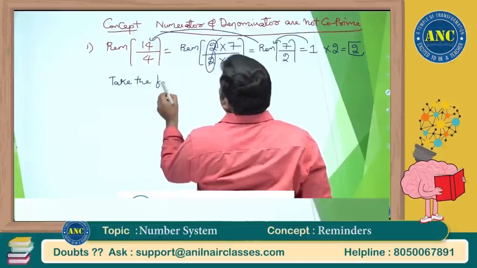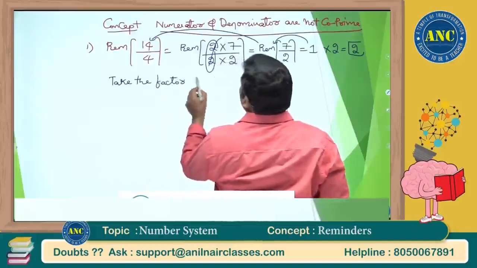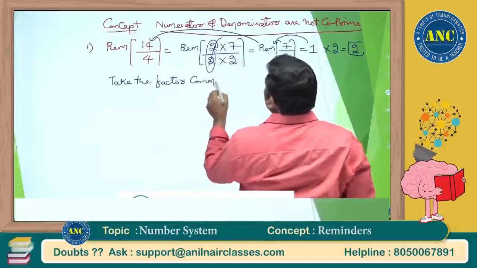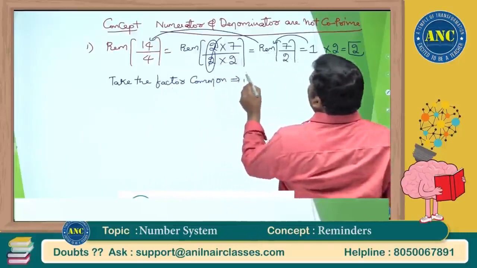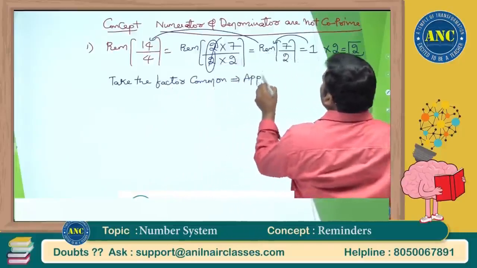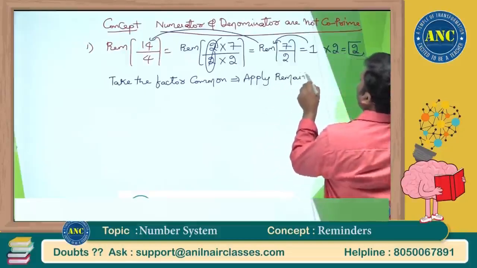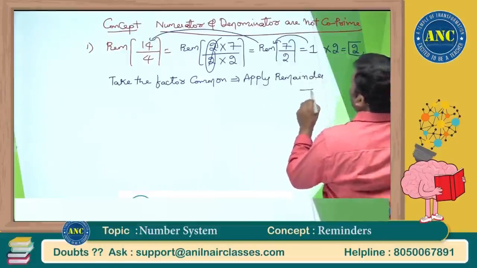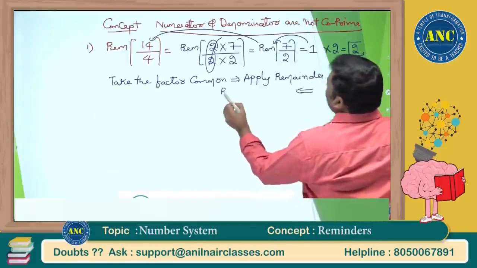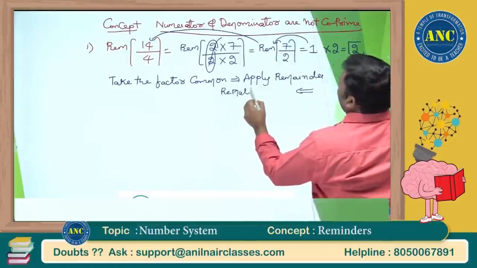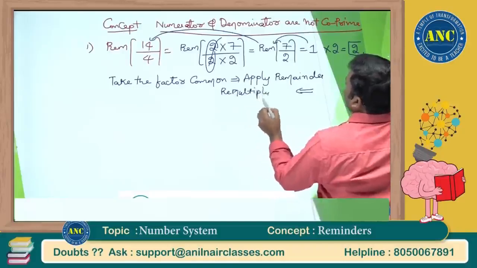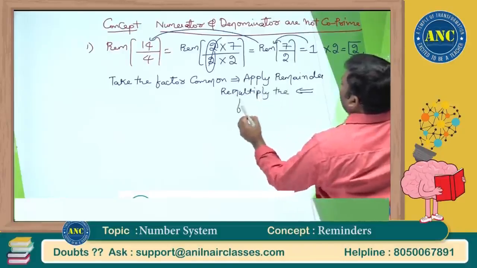First, take the factor common. Second, apply remainder. Third, remultiply the factor. This is the very simple logic.